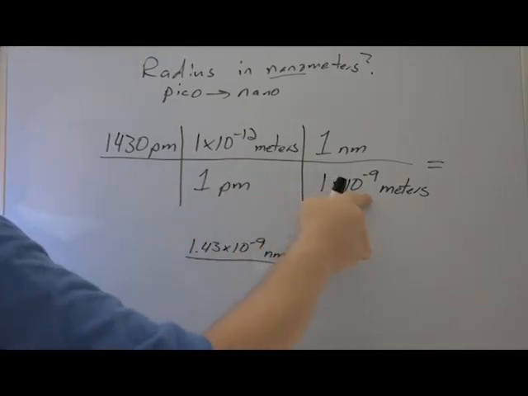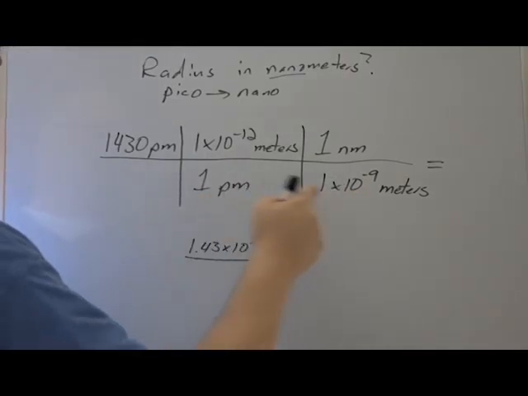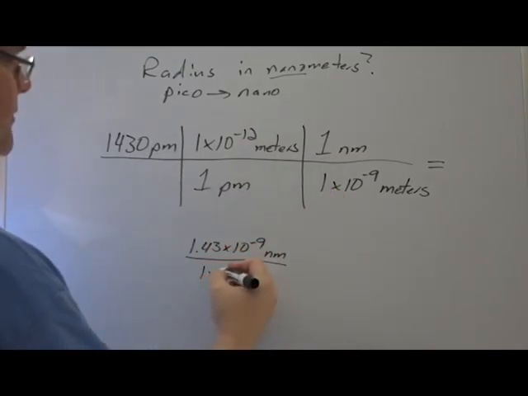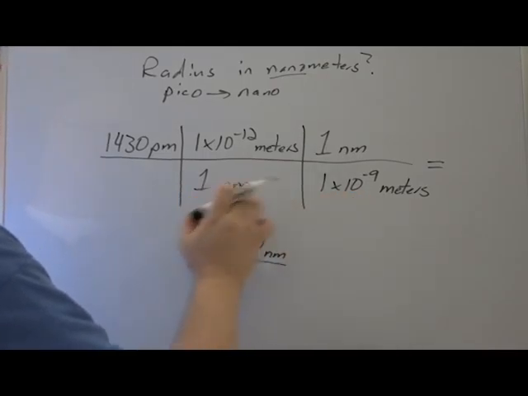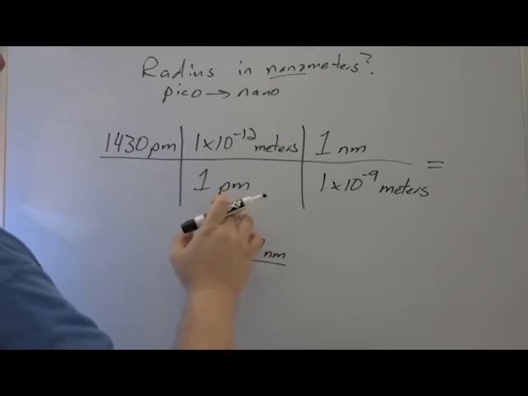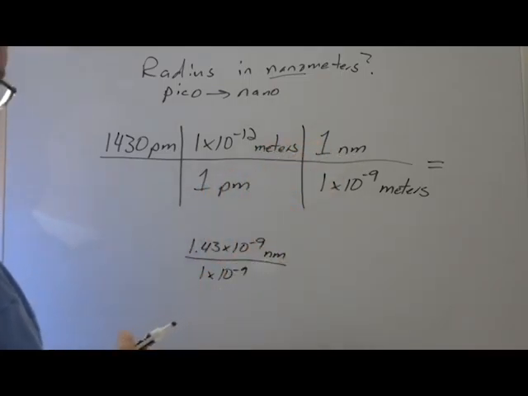And down here, I'm going to multiply both of these together and come up with 1 times 10 to the minus 9. Now you're probably wondering, what happened to the meters and the picometers, and why did he put nanometers at the top? That's another reason why I like this particular setup.